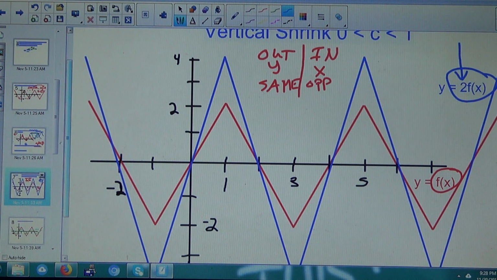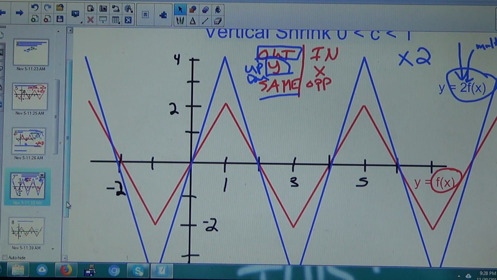Inside the parentheses or outside the parentheses? Yes, outside. So if it's on the outside, I'm going to change what values? The y's. Which ways do those go? Up or down? And we're doing the same operation. What's the operation that's happening between the 2 and the f of x right here? And that would be multiplication. So I'm going to multiply every y value by what number? 2. So I'm going to multiply every y value by 2.